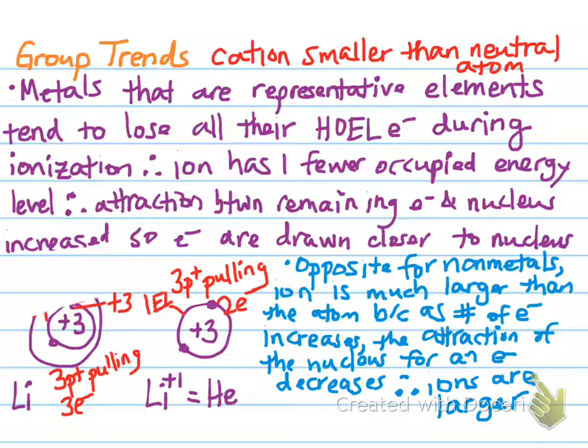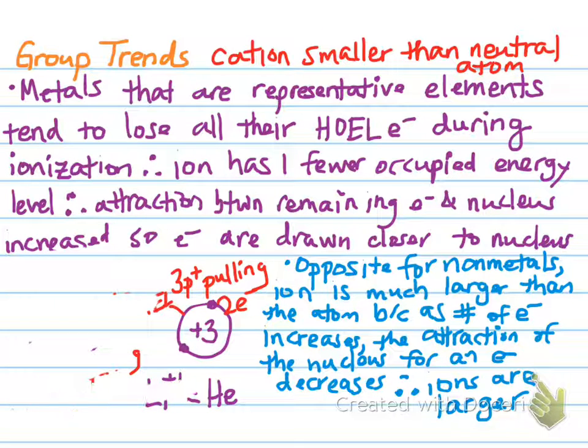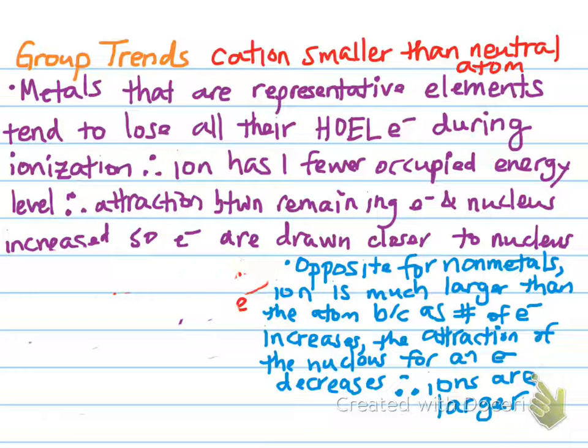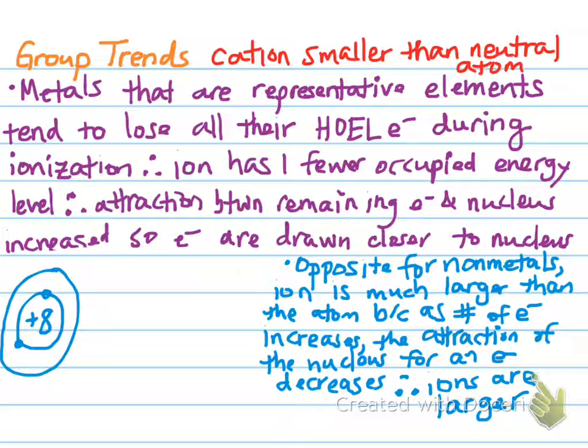So to look at that, we will take a look at an atom and an ion that becomes an anion. We're going to do oxygen, which has 8 protons, so 2 electrons in its first energy level and 6 in the second.